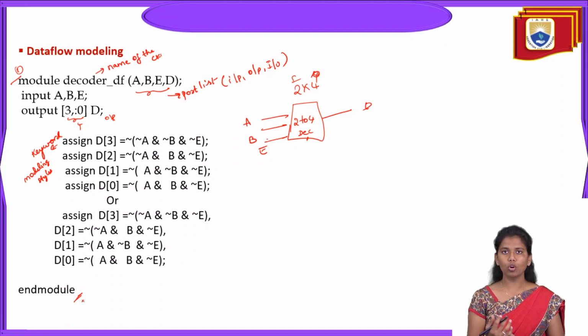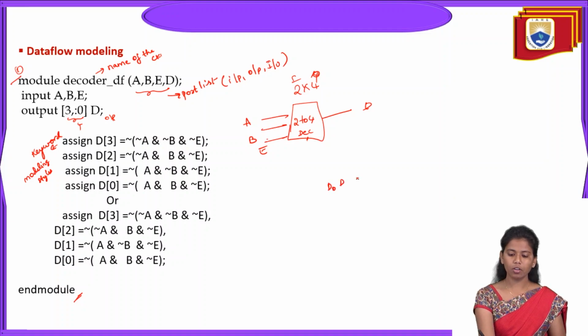Okay, we all know what the mechanism of a 2 to 4 decoder is. So based on the enable bit, D0, D1, D2, D3. So these are my A and B bits: 0 0, 0 1, 1 0 and 1 1. So based on the enable bit, when both my inputs are 0 0, what happens?